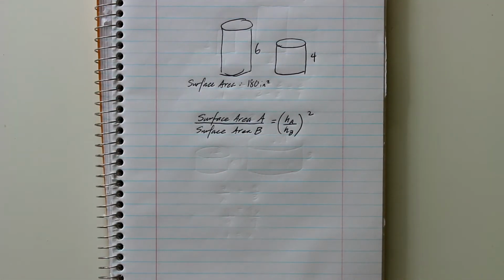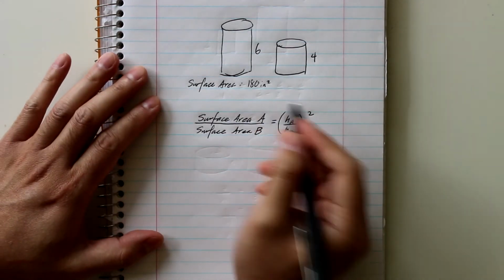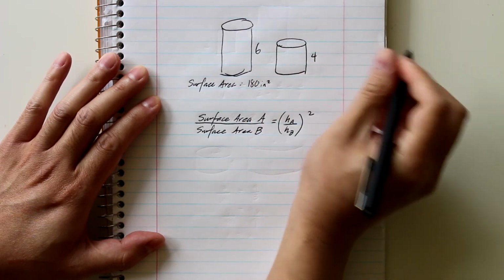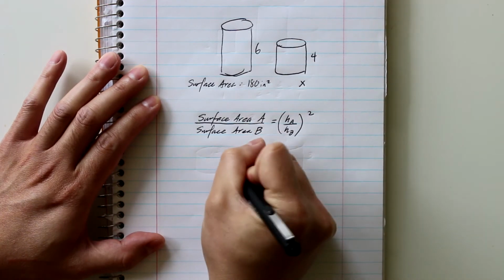So let's use that to help us find the surface area of the second cylinder. I know that the surface area of this first cylinder is 180, and I'm going to say the surface area of the second cylinder is x. So now I'll plug it in.